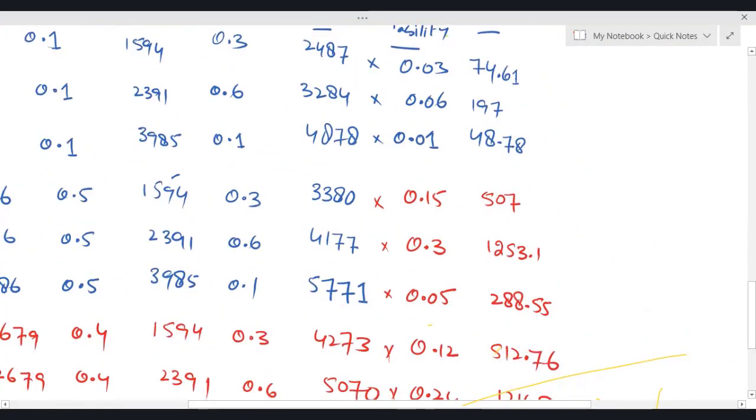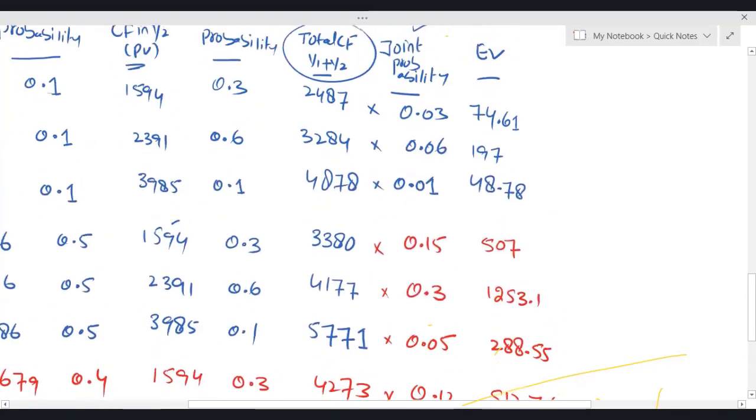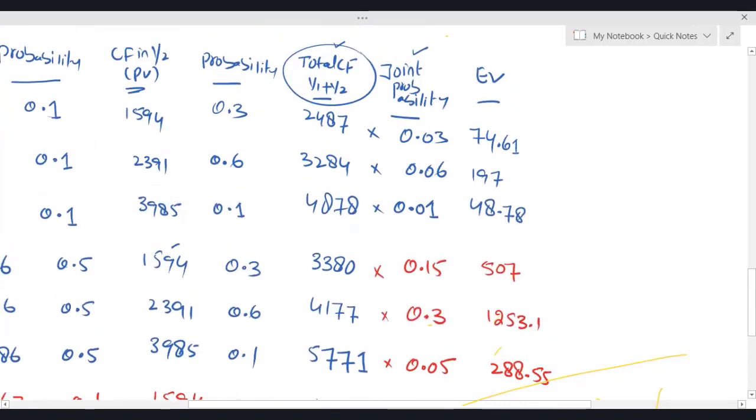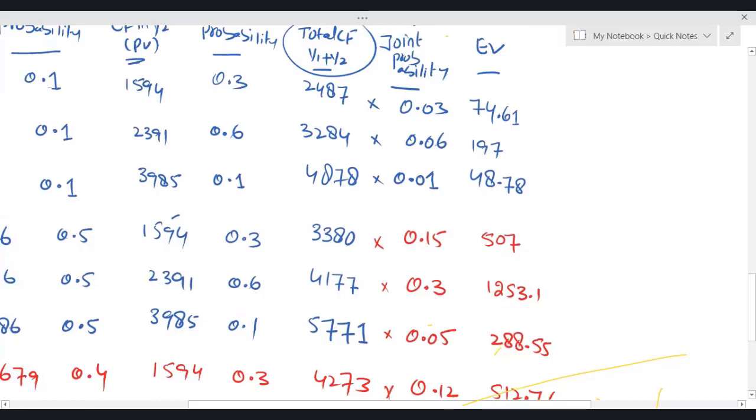If you see the column of total of cash flows of year 1 and year 2, there are altogether 9 outcomes. But practically, once you have made an investment, there will be only 1 outcome. There won't be 9 outcomes.